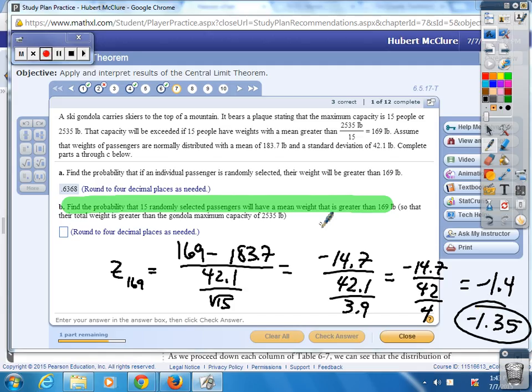So that's going to be negative 1.35, comma, 9999. And somebody tell me what that is, 4 digits. I'm sorry, what? 91%.